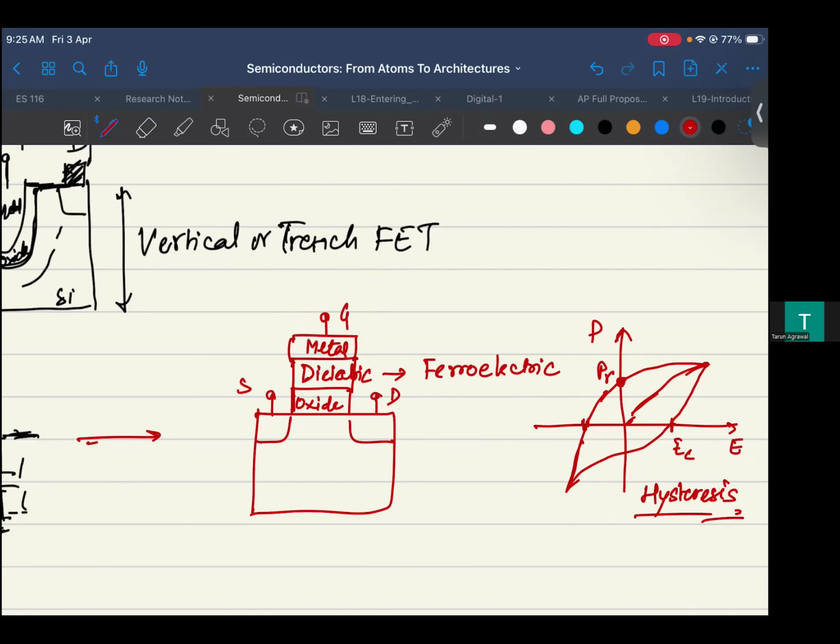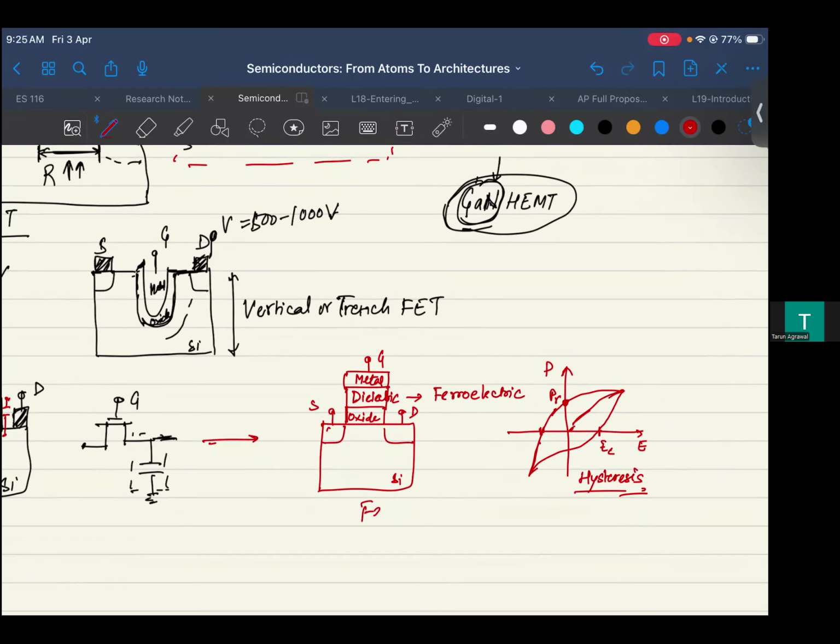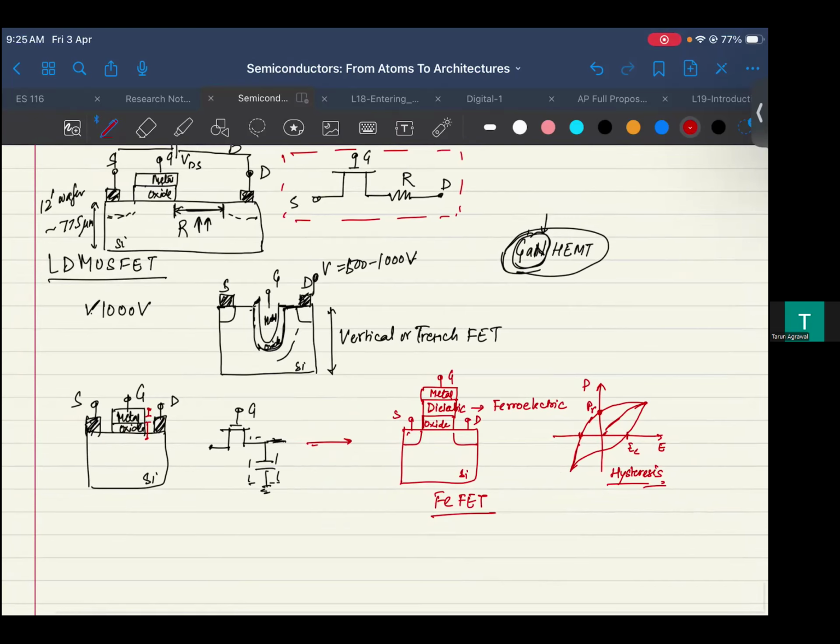But the video which I am making is for giving you a flavor of how wide the application of these transistors is in different devices. So this is what we know as the FEFET, or the ferroelectric FET, which is a very prominent candidate to be used as a non-volatile memory.